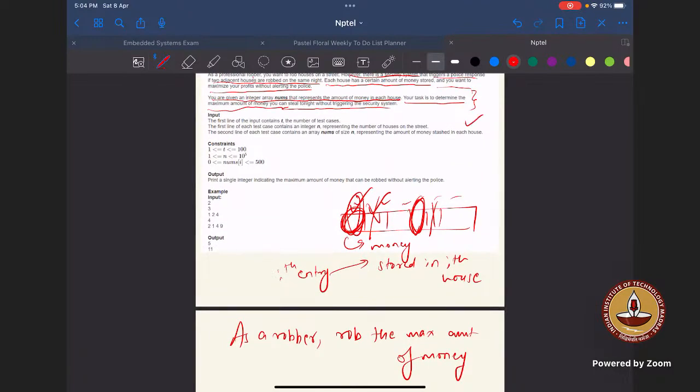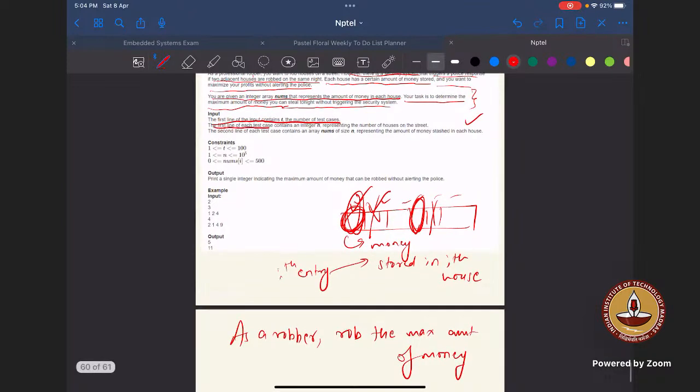Now if we consider the input, the first line of the input contains t, the number of test cases. The first line of each test case contains an integer n representing the number of houses on the street. So this is basically the size of the array, which is n. And the second line of each test case contains an array nums of size n representing the amount of money stashed in each house.